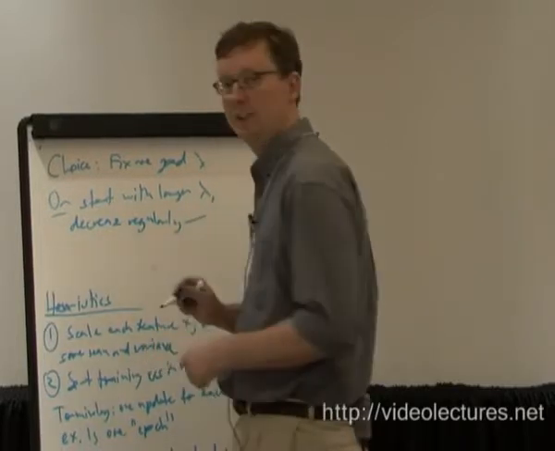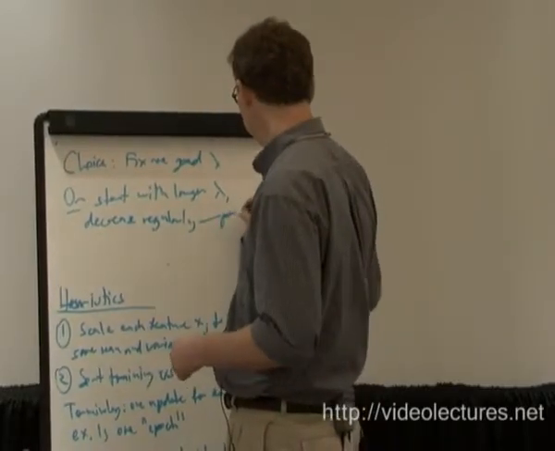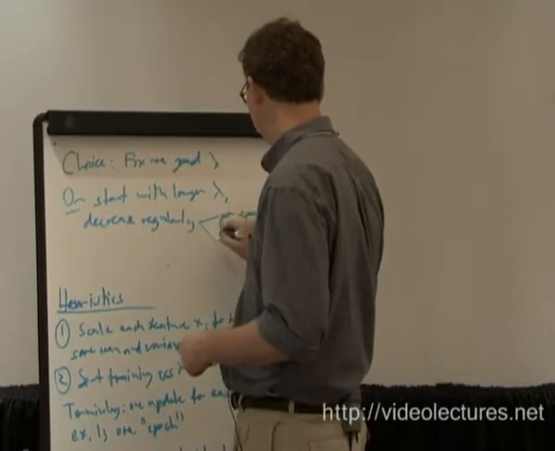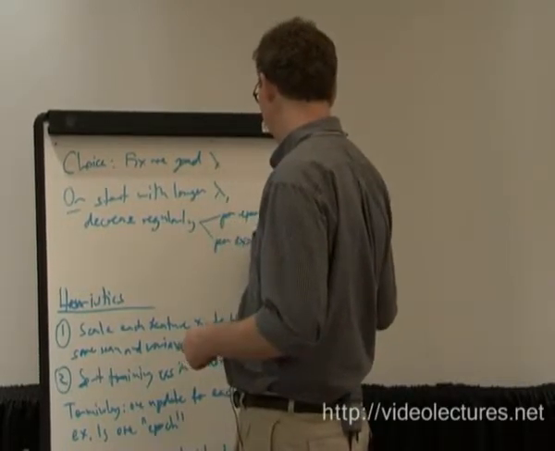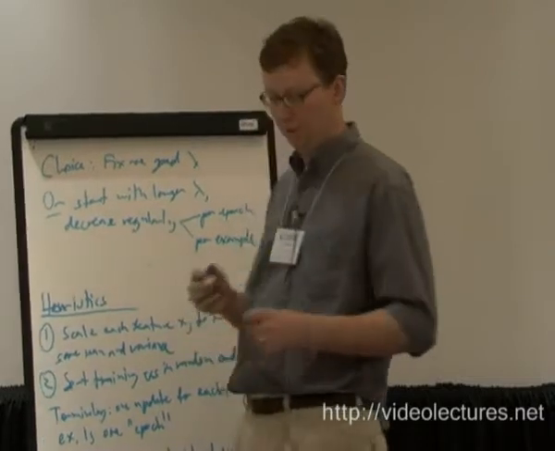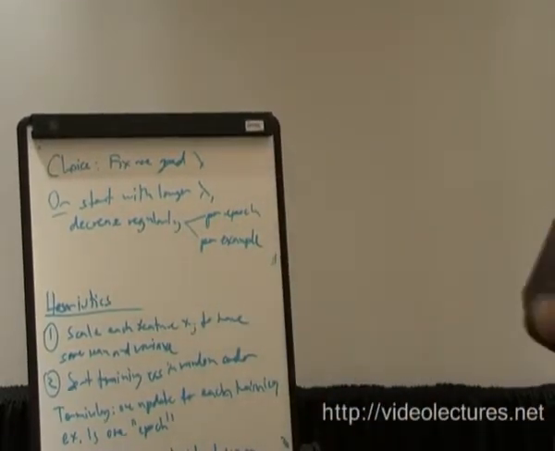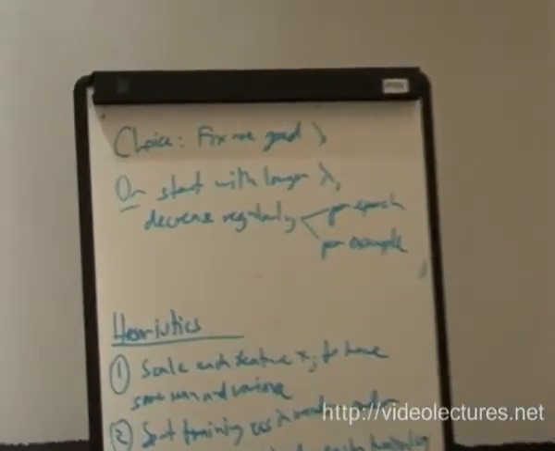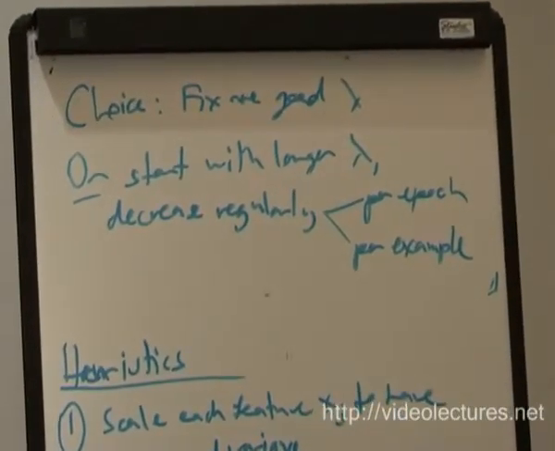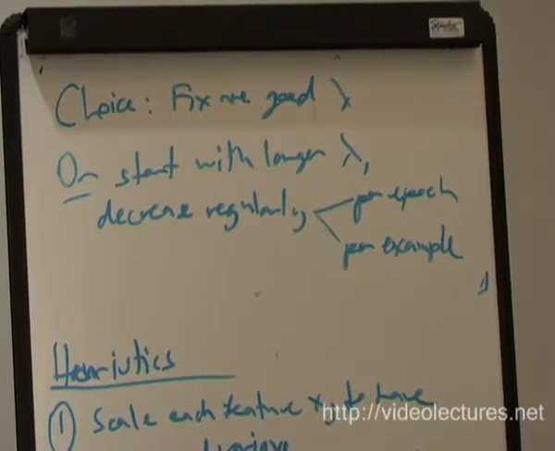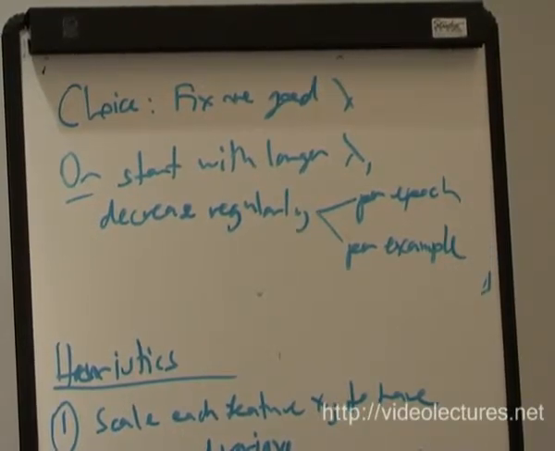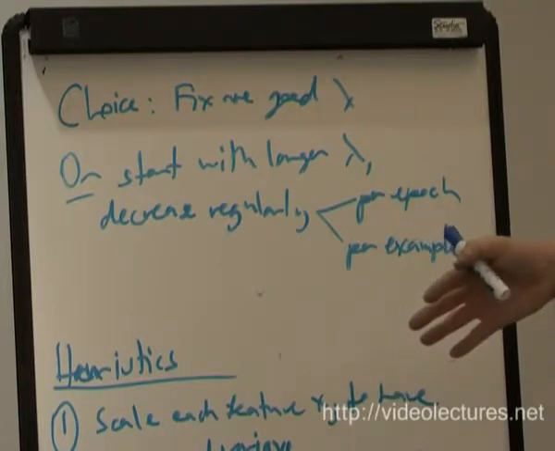And decreasing regularly, it could be per epoch, or it could be per example. So if you're doing it per epoch, maybe you're going to multiply lambda by 1/2 after each epoch. If you were doing it per example, maybe you'll multiply lambda by 0.999999 after each example.